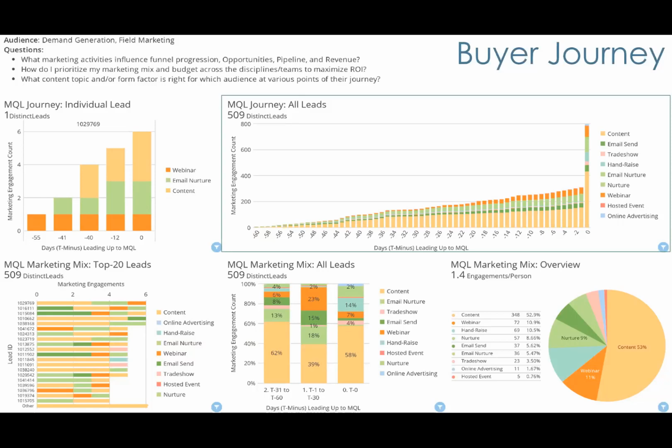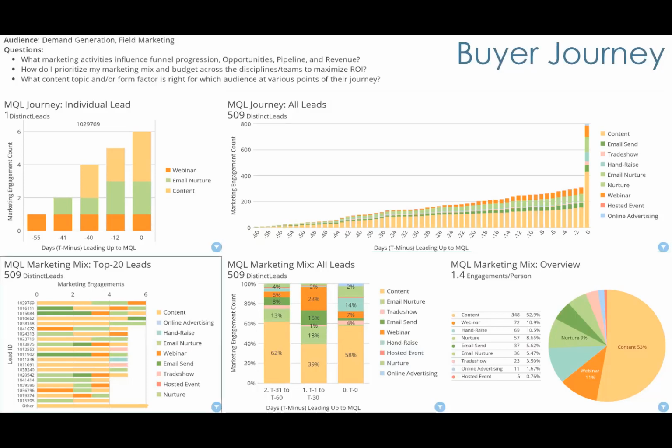And so you can see the hand raise form on that last day contributes to quite a bit of the MQL scoring here. And you can see that content is a very important driver, right? Making sure that you have enough of the right content is a very important driver, especially in the world of scalability, to get people over that threshold.